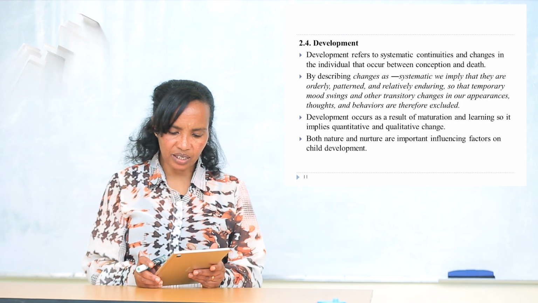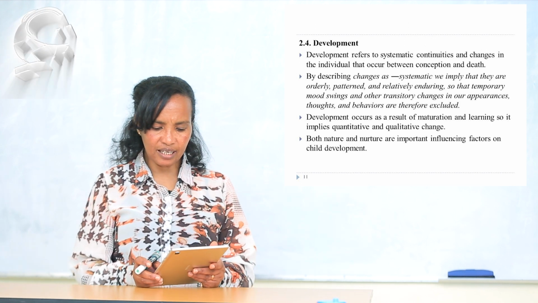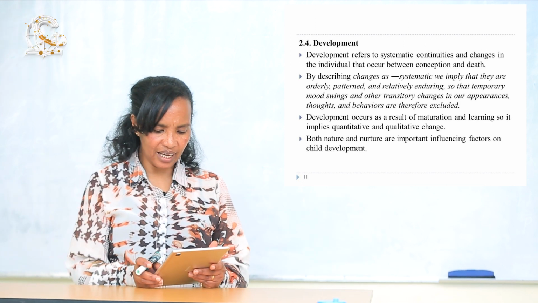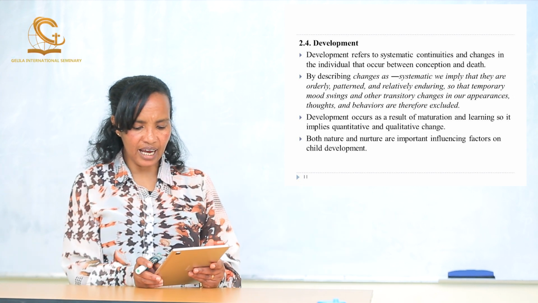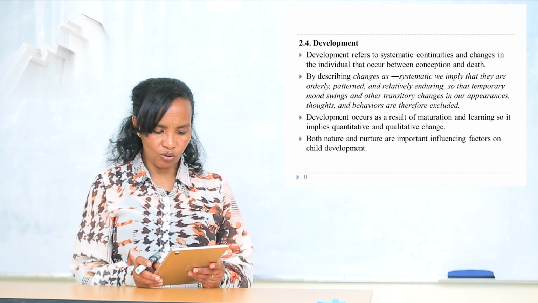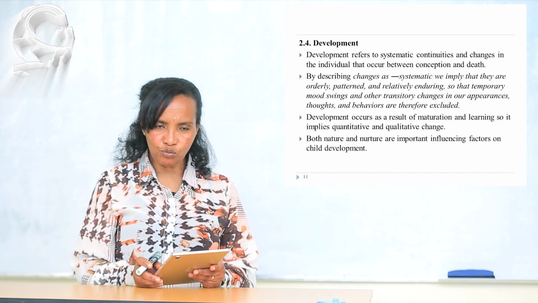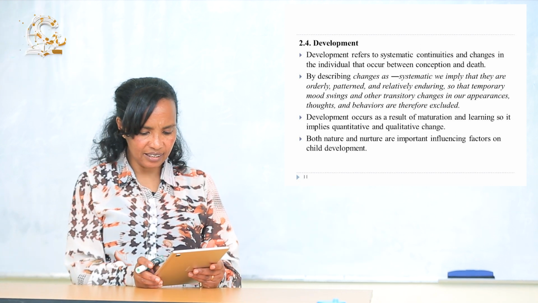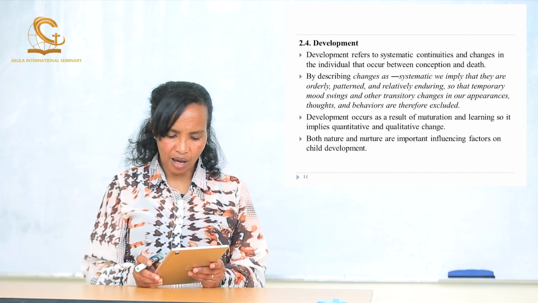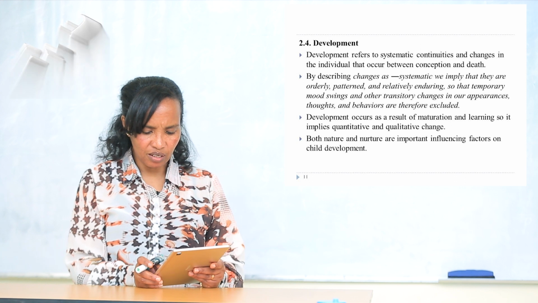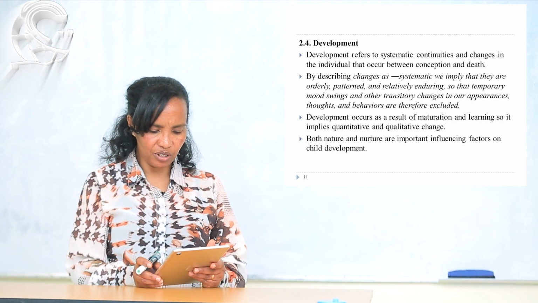By describing changes as systematic, we imply that they are orderly, patterned, and relatively enduring. So temporary mood swings and other transitory changes in our appearances, thoughts, and behaviors are therefore excluded.